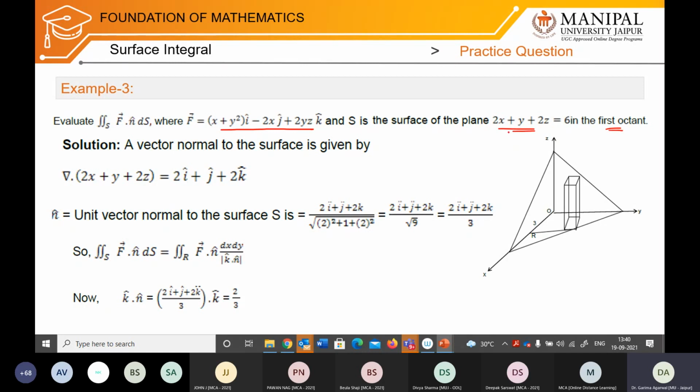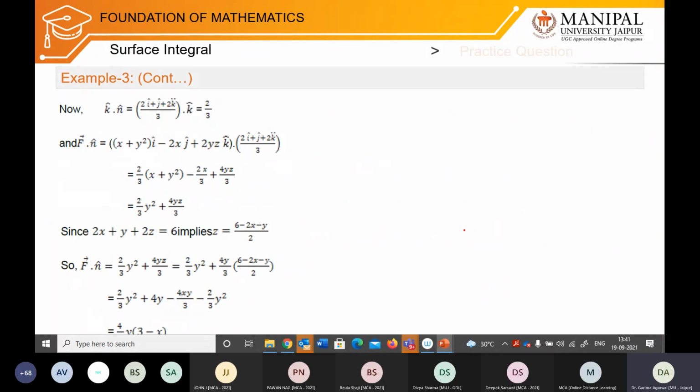What is the surface? 2x plus y plus 2z minus 6. So first we find the gradient of the surface upon its magnitude. So this one is n cap. Then k dot n cap is 2 by 3 because k dot k is 1.